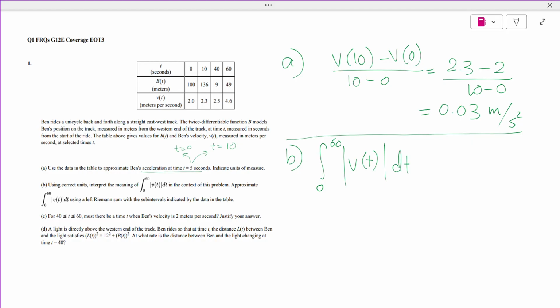It means the total distance, because there is an integral and there is an absolute value, so this is the total distance Ben rides or travels from t equals 0 to t equals 60 seconds.